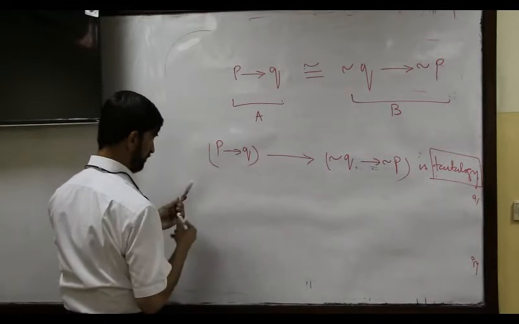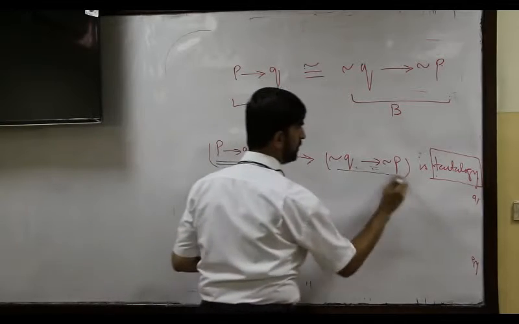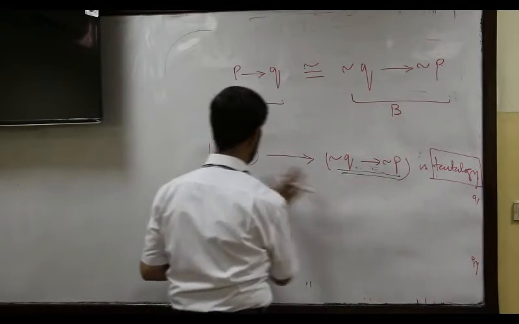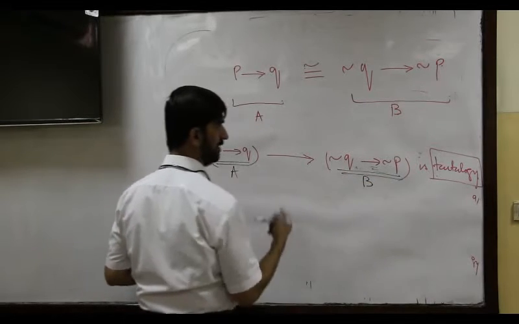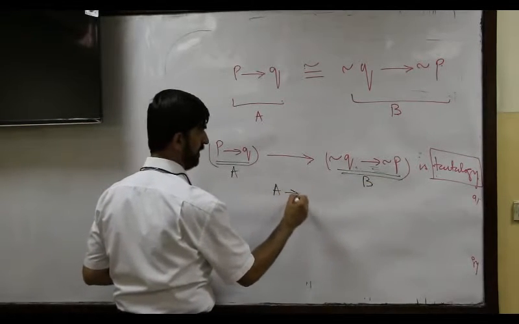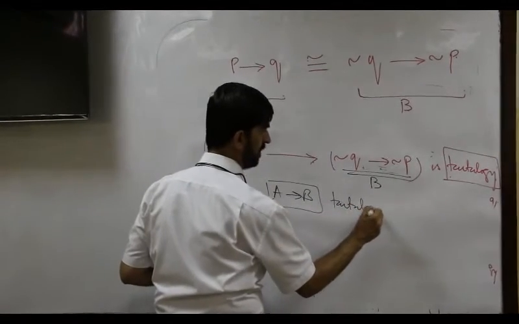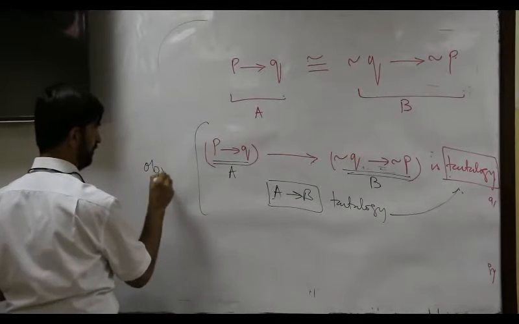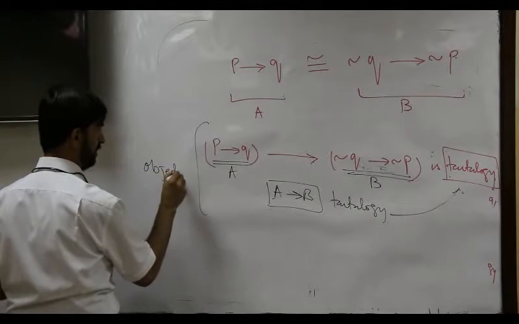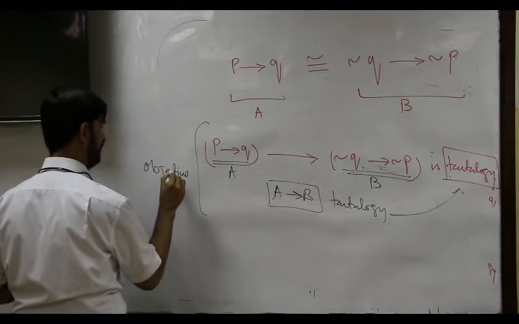This is compound proposition A, P implies Q. This is compound proposition B, not Q implies not P. So A implies B, we will have to show that this is a tautology. This is our objective.